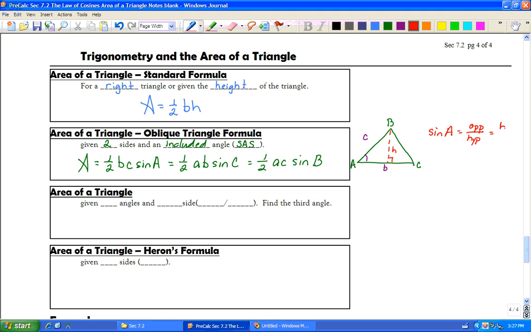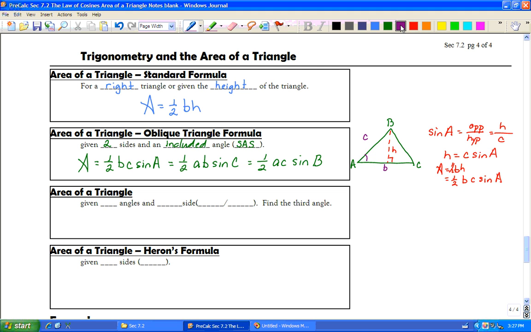Well, opposite side is our height, and our hypotenuse is side C. So if you solve that for our height, the height is going to equal C times the sine of angle A. So in our formula, area is equal to 1/2 base times height. That's 1/2, and our base is B, times our height, which is C, times the sine of angle A. And you can tell that that's one of our formulas that we have over here at the side. And then depending on what side, angle, side you're given, the letters just change, but that's where it comes from.